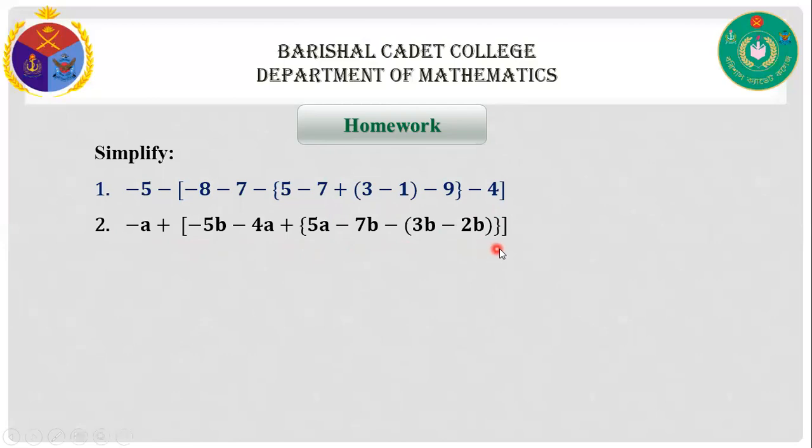And number 3, simplify 3x minus 5y plus {2 plus (3y minus x) plus [2x minus (x minus 2y)]}.